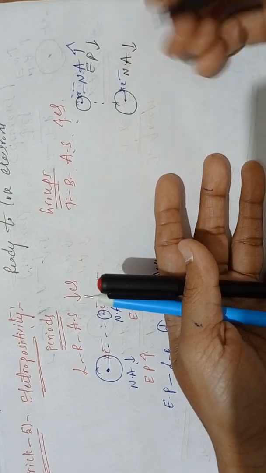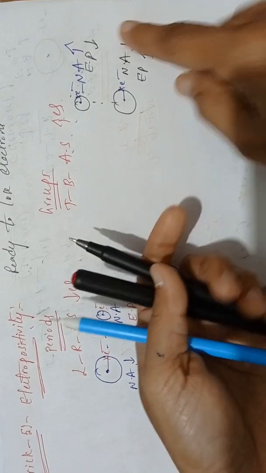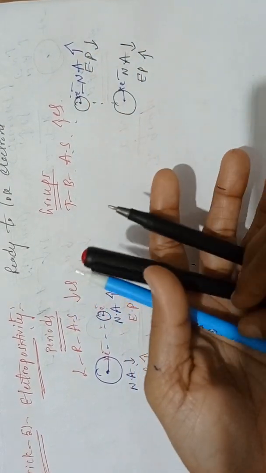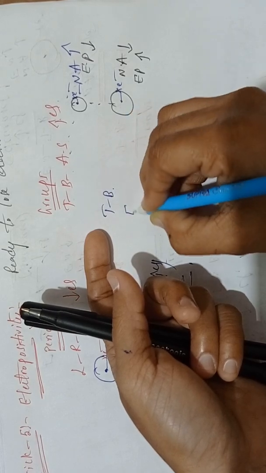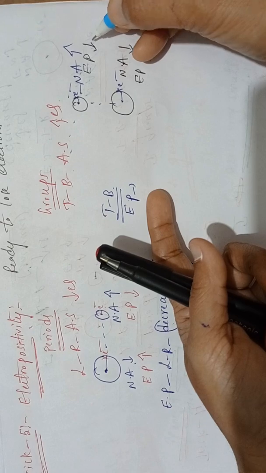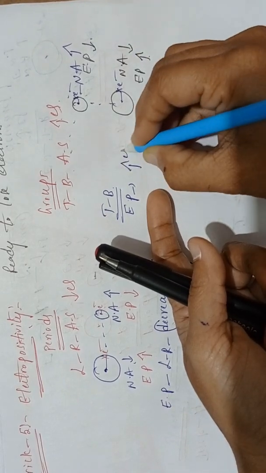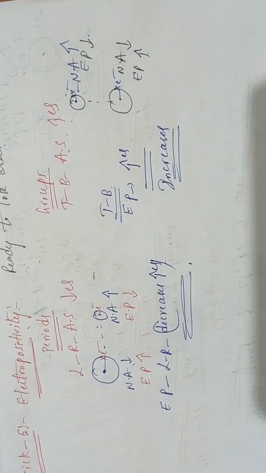So from top to bottom, electropositivity increases. Clear?